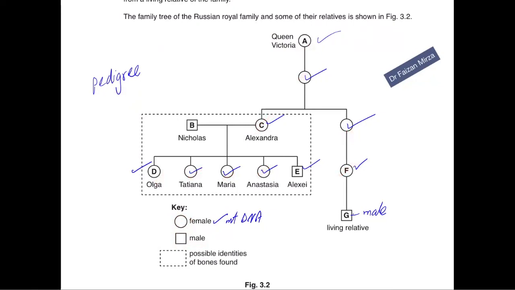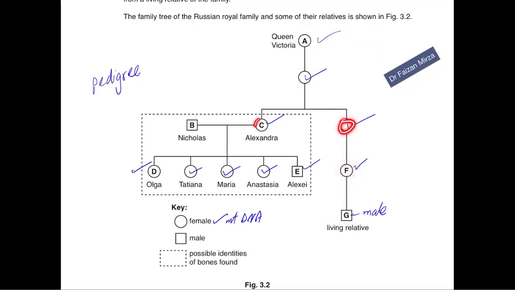So we know that mitochondrial DNA passes along the maternal lineage. If the living relative, the male, is this person called G, he must have received the mtDNA from the female F. The female F must have received it from the female above her, like in the family tree.